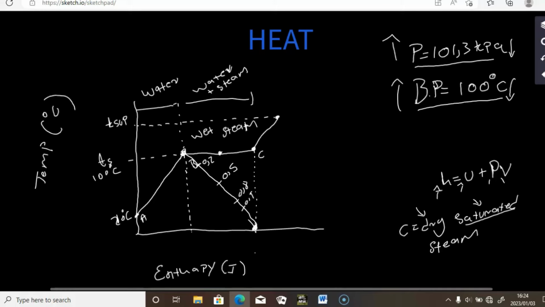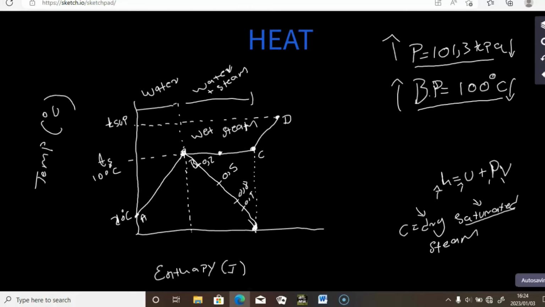So now, from here, the heat energy that is added from point C, because there is no longer water to be converted to steam, is now used to raise the temperature of that steam from point C to point D. And from point C to point D, that is where we have what we call superheated steam.